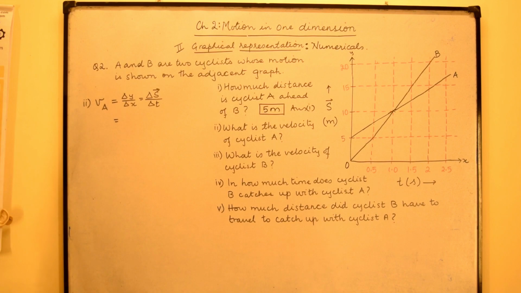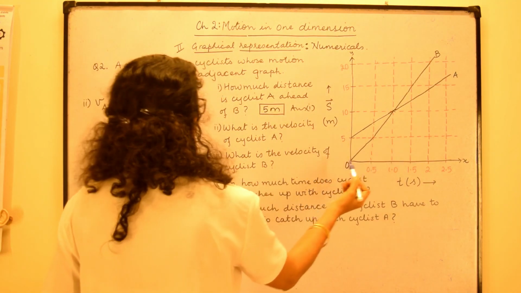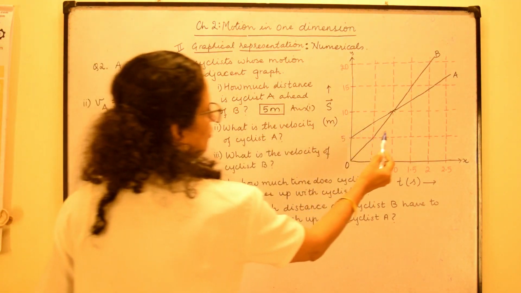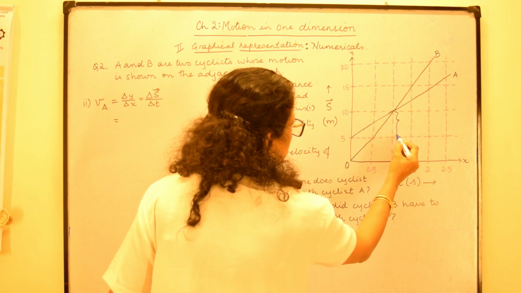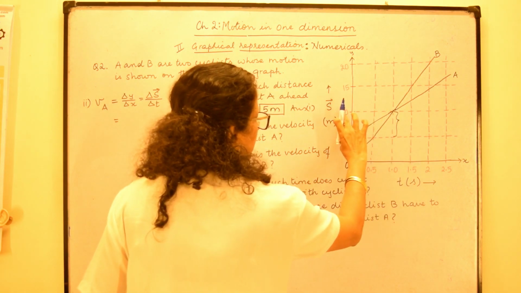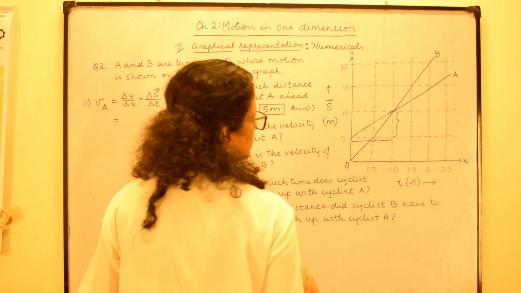Now you can take any one of the markings from here. We want to find velocity of A. This is the graph of A. So we can take this as our delta y and this as our delta x.